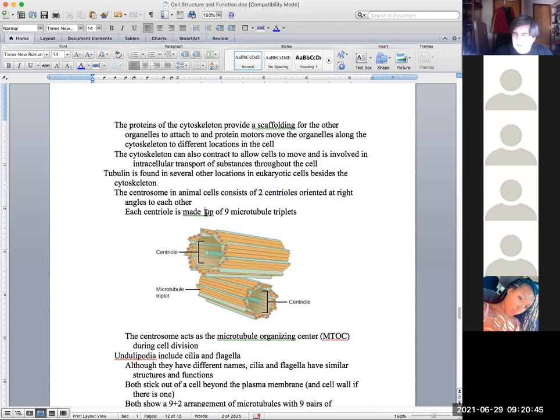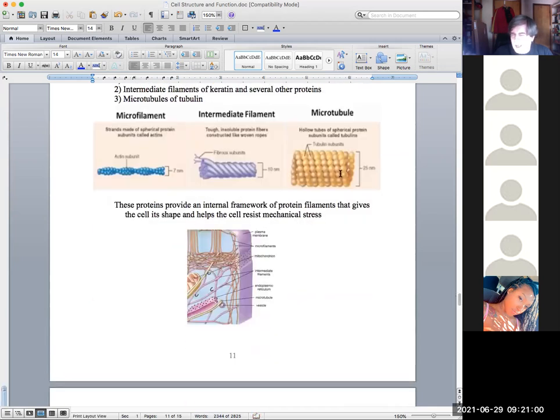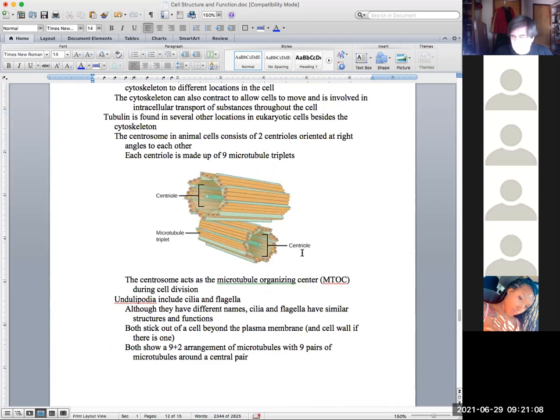When we look at a centriole, all those little orange lines represent microtubules. Each one of those orange lines is one of these coils with the little spherical molecules on it.